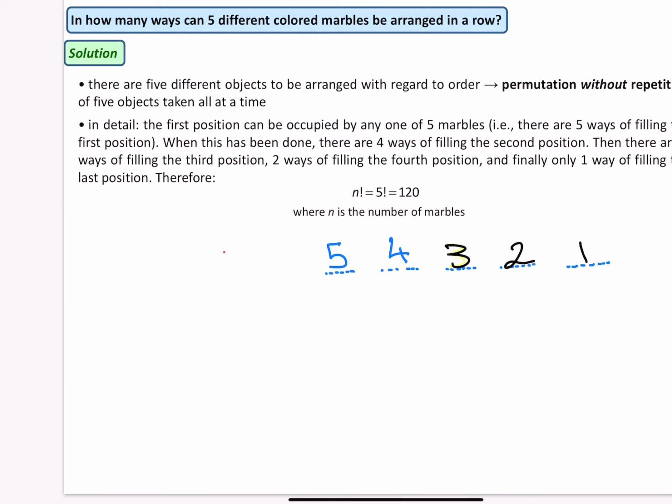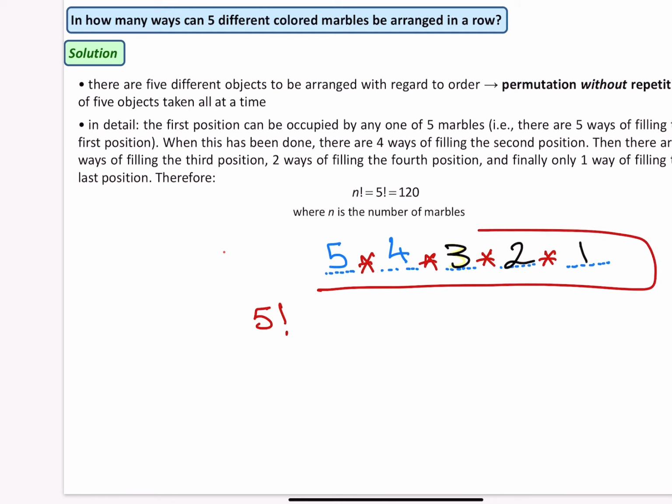So the number of ways I'll have is 5 factorial, because it is 5 times 4 times 3 times 2 times 1. This is the 5 factorial. So if I have 7 numbers, it will be 7 factorial.